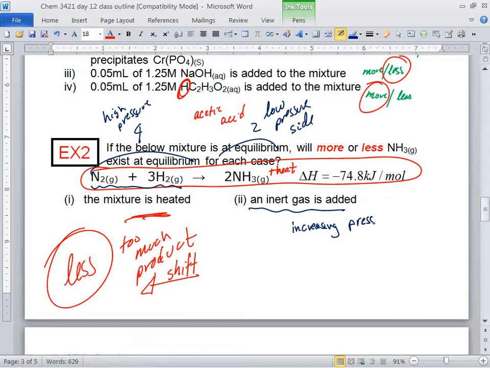You could just take a piston and increase the pressure that way, but a lot of times they do this instead. They just add an inert gas. It increases the pressure. Well, if we increase the pressure, the system has to respond by relieving that pressure. It's going to shift towards the product, the low pressure side. So that means we're going to have more ammonia. So that's a good thing if that's what they want.